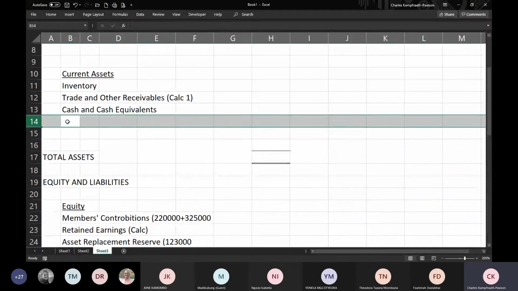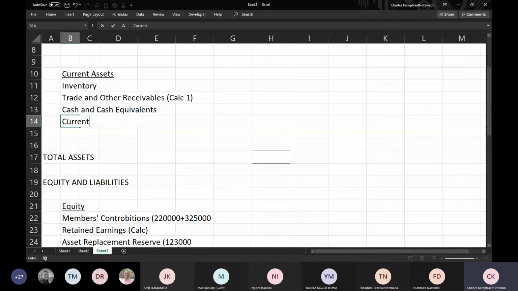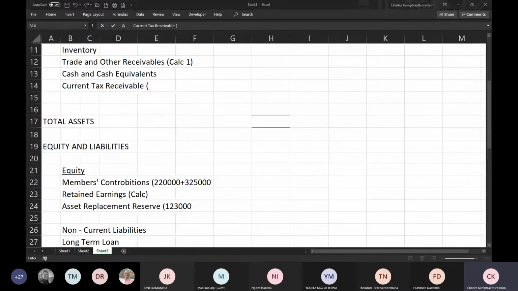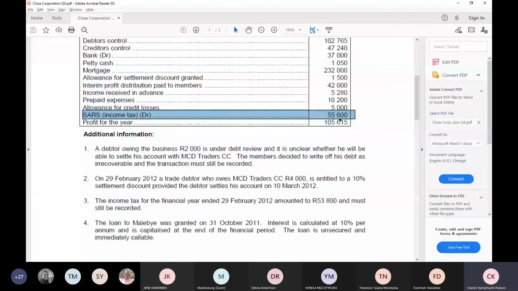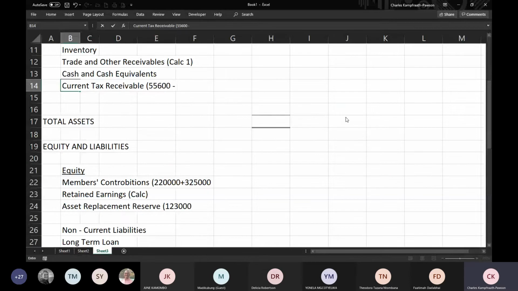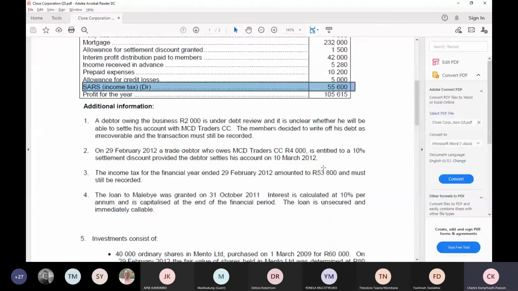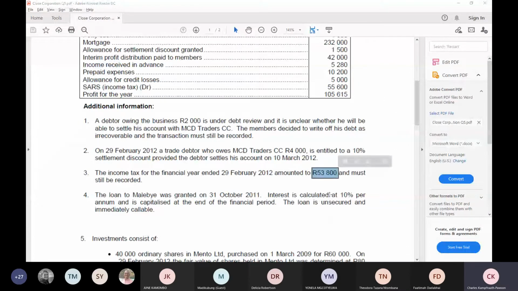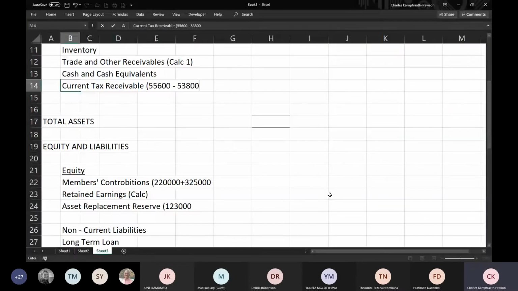So it is current tax receivable. Because we paid during the year 55,600. Our actual tax calculated by SARS is 53,800. Everybody happy with that?